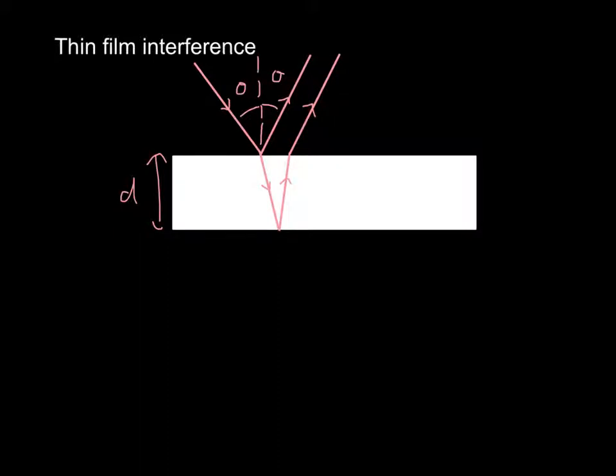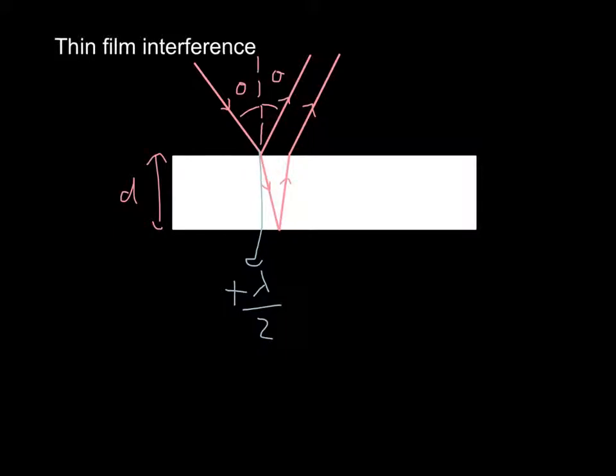When light is going from a medium with lower n, like air, to a medium of higher n, like soap or oil, on reflecting here it gains an extra phase difference of pi, or an extra path difference of lambda halves. So in this boundary, the phase difference goes up by half a wavelength. But this does not happen in here. This is like a thick rope going to a thin rope. When it reflects, nothing happens. The wave just continues.